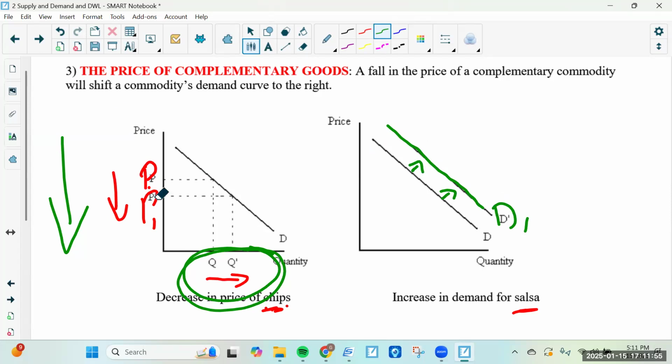See, the price of the chips caused the demand for the salsa to increase. And of course, this will go the other way. If the price of chips goes up, then you're going to want to buy a lesser quantity of chips. Now that you're buying less quantity of chips, your demand for salsa would decrease or shift to the left. That's price of a complementary good.